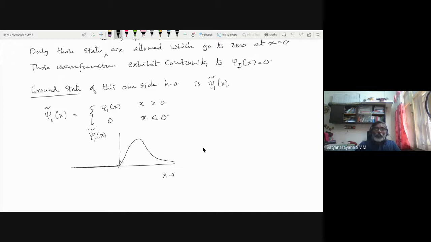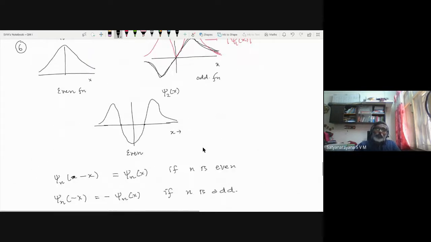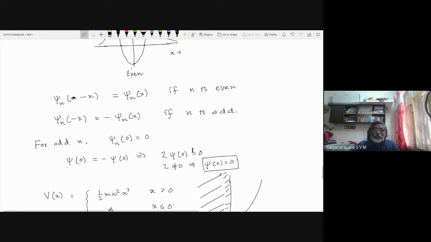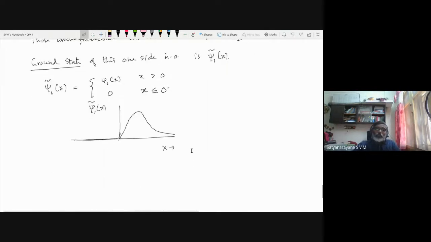Now the next one, psi 2, for example, at x equal to 0, psi 2 is not 0, so this cannot be a state, and psi 2 also will not be 0, so that is also not possible. And we can see that the next one is the first excited state.